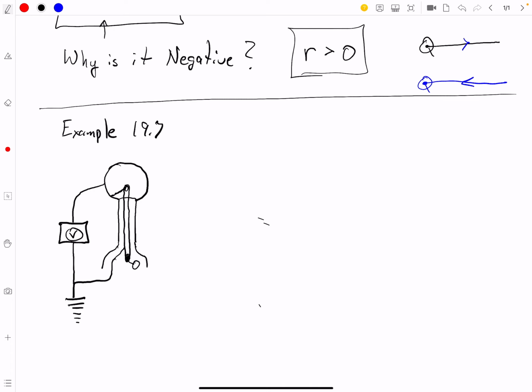And so we have a brush right here, like some metal brush that this rubber is touching, and it allows the rubber to pick up electrons. The electrons get picked up and they go all the way up to the top, and then they disperse into the sphere at the top.